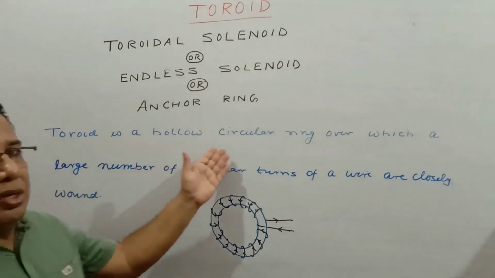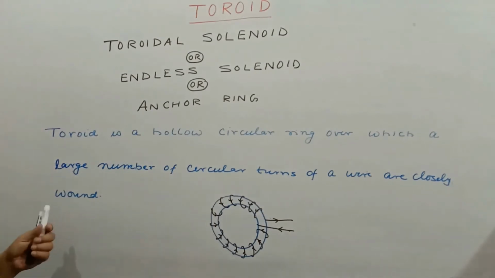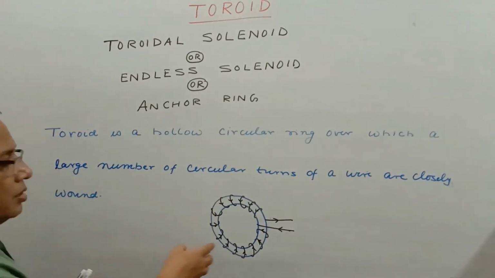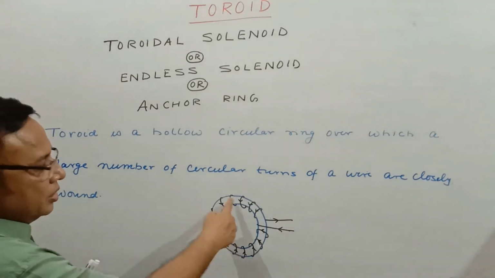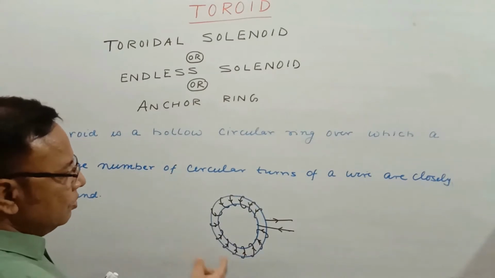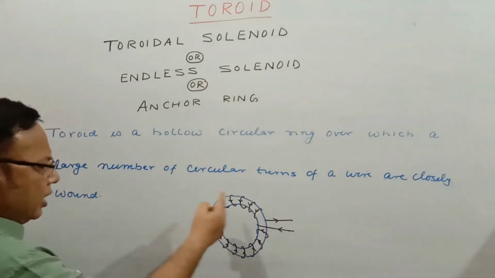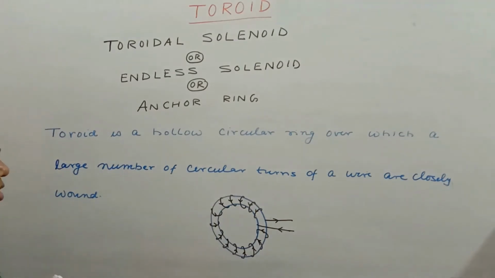Toroid is a hollow circular ring over which a large number of circular turns of a wire are closely wound. This is what is shown here. This is just like a tube over which the wires are wound in this form, and these should be very close to one another. Though I have drawn it a little bit separated, it should be very close to each other.